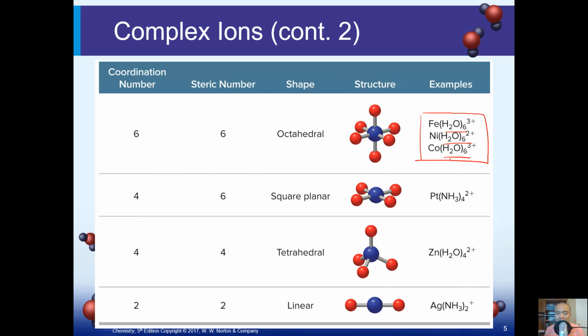Because each one donates 1 pair of electrons, and the coordination number is defined as the pairs of electrons surrounding the central metal, you have a coordination number of 6. Similarly, ammonia only donates 1 pair of electrons, so you have 4 ammonia, and the coordination number will be 4. A similar situation happens for the other 2.